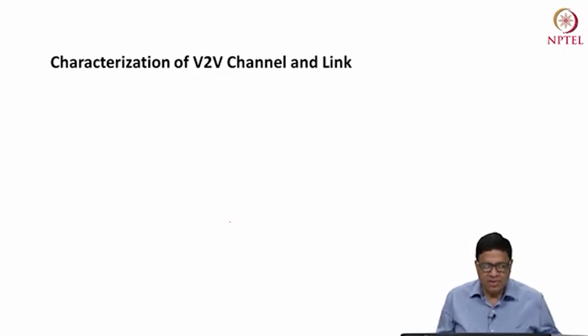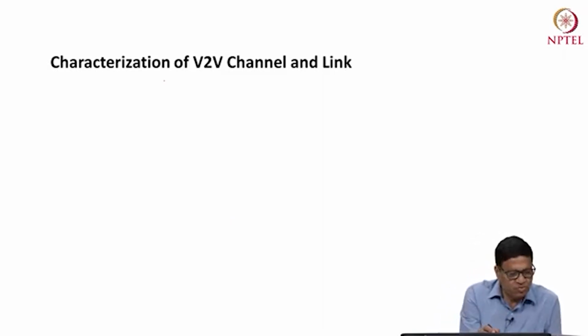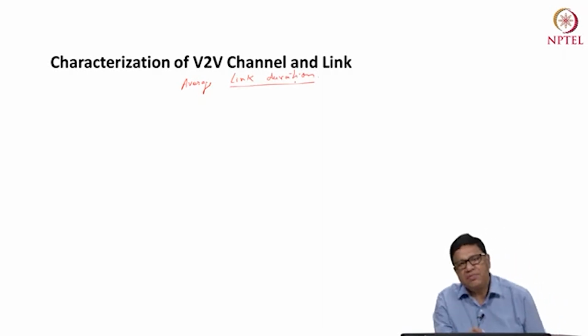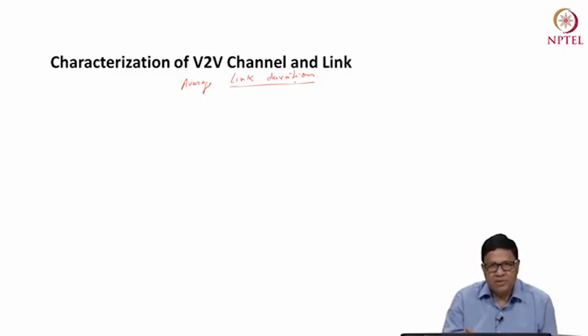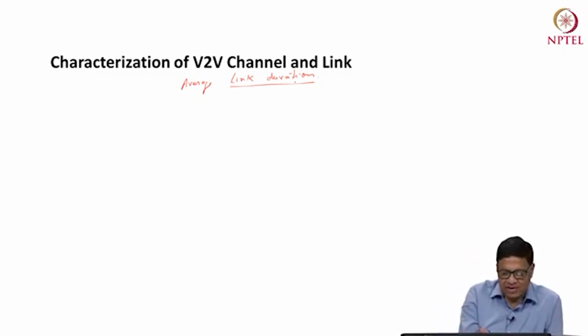So characterization of the V2V channel link is done as we had discussed. We need to find out what is the average link duration, the average time during which the two vehicles are communicating.